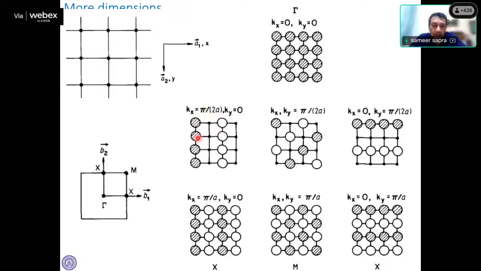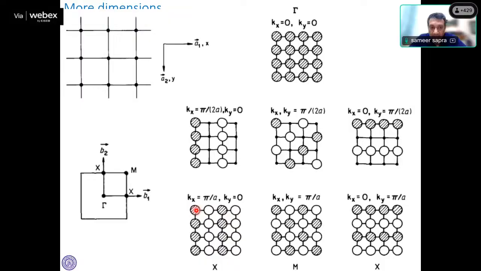So along the ky direction, everything is bonding. Around the kx direction, it's got to be anti-bonding. Pi by 2a, by the way.